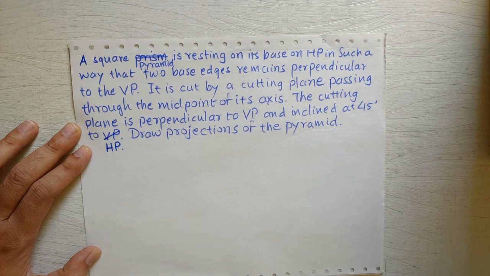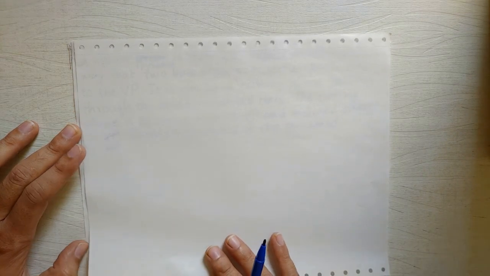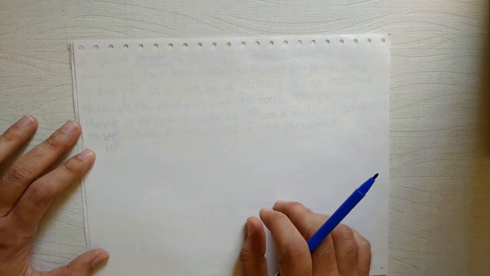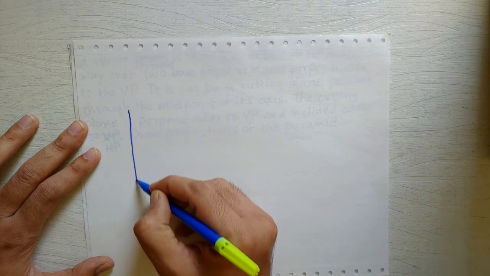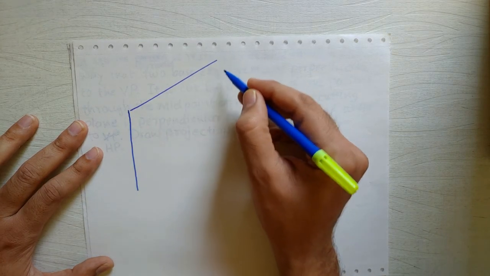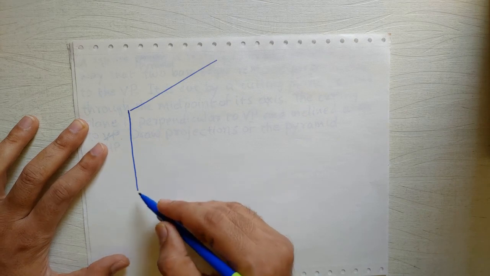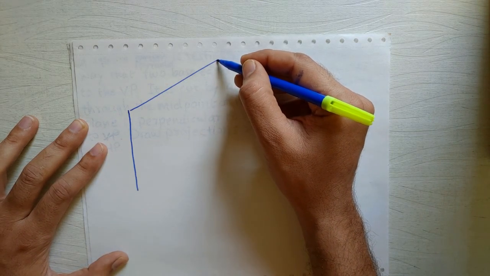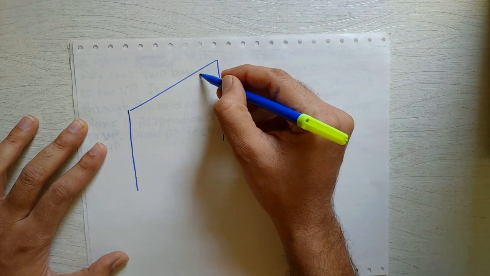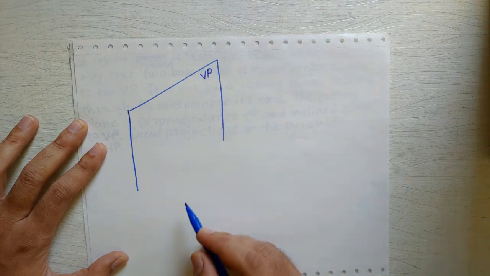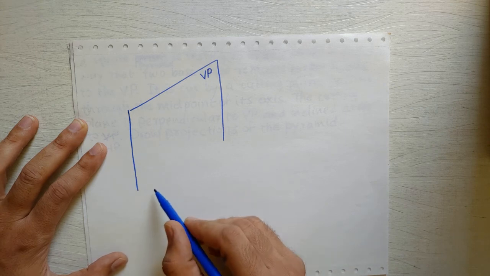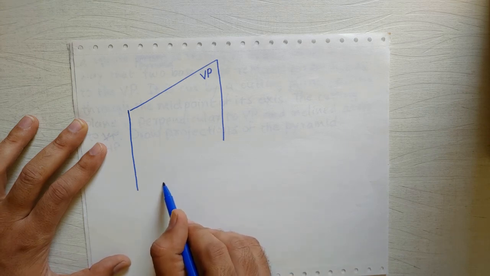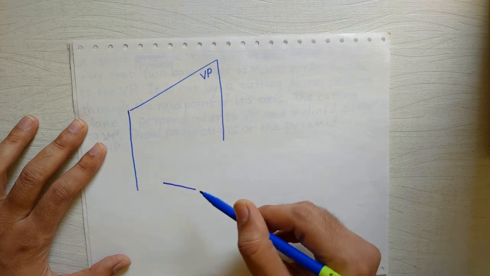So let's first try to understand the position of the solid and the position of the cutting plane. If we imagine it in this 3D representation, let's say this is VP. The pyramid is resting on HP in such a way that its two base edges remain perpendicular to VP, right?